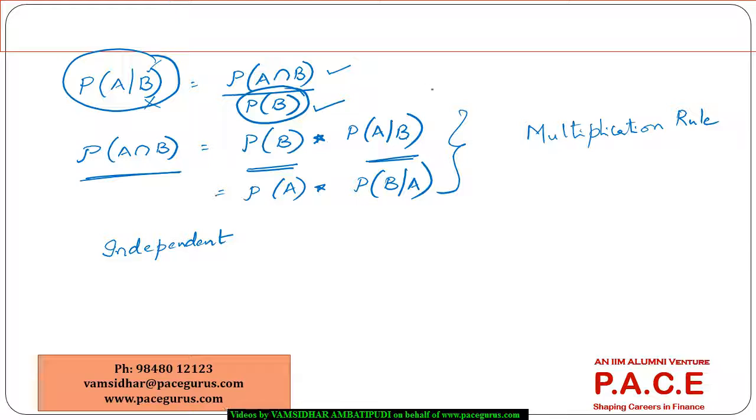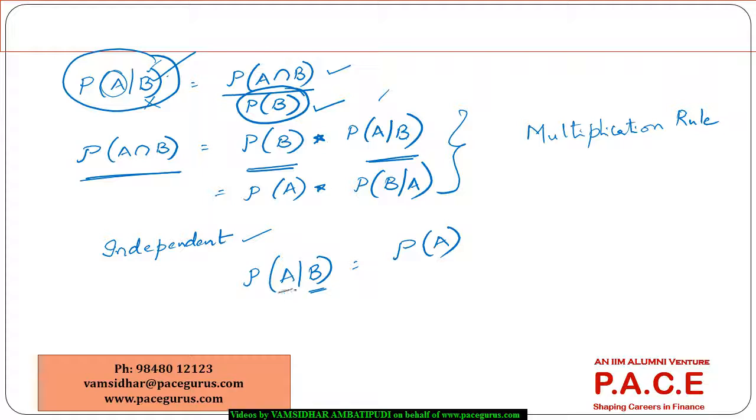So the probability of B occurring has no relevance for the occurrence of A. In that case, we call A and B independent events. So probability of A given B has no relevance to the occurrence of B. In those cases, it simply becomes probability of A itself.